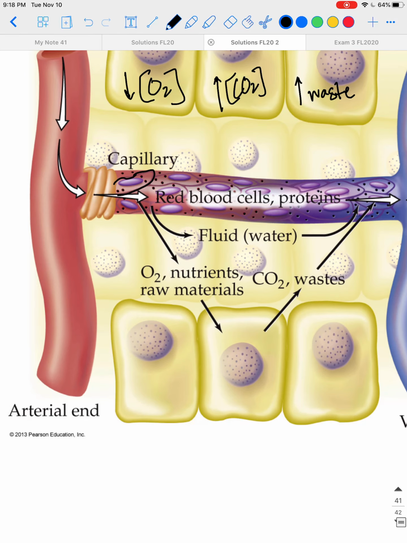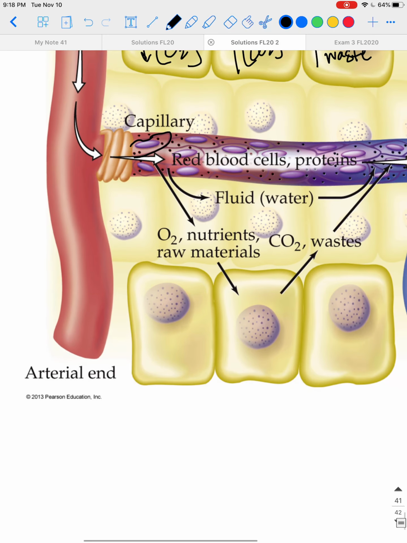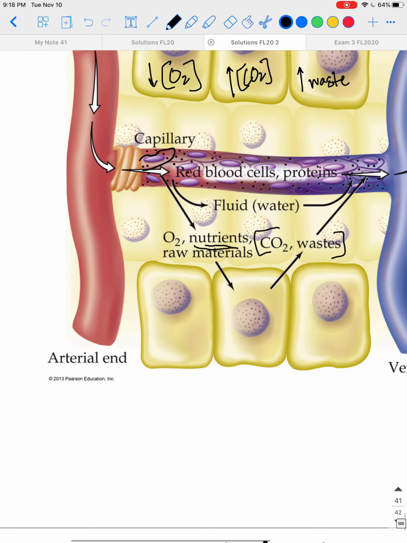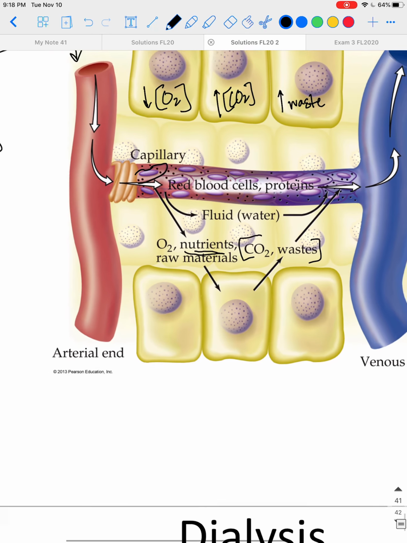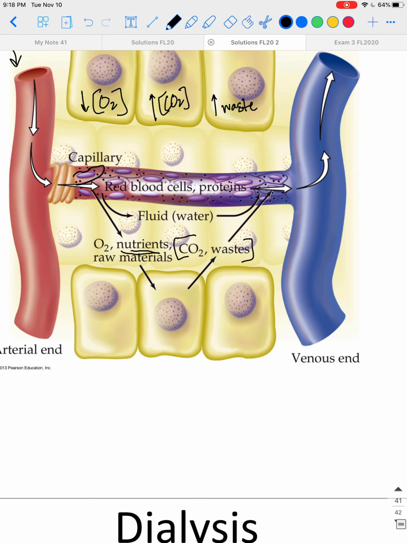This is where the cells get the things they need, and they get rid of the things that they don't need. And so because of these concentration gradients, because there's a low concentration of oxygen in the cells, and there's a fresh high concentration of oxygen in the blood, that solvent is going to push the oxygen and the nutrients and those raw materials to the cells, and at the same time the CO2 and the waste is going to be drawn out of the cells towards the low concentration, towards the blood where those things are low in concentration.